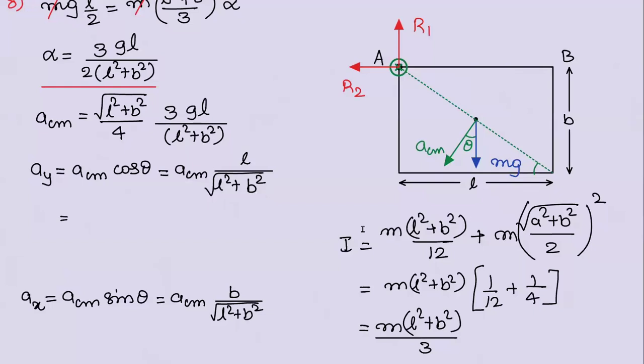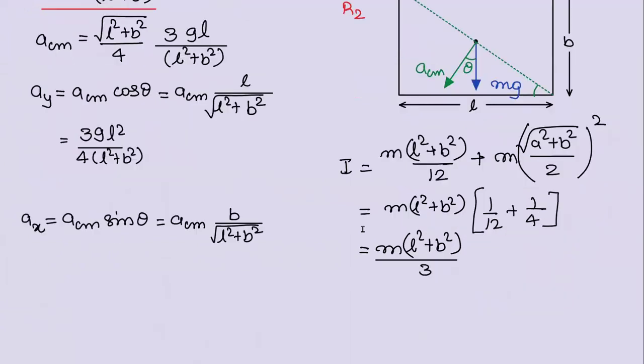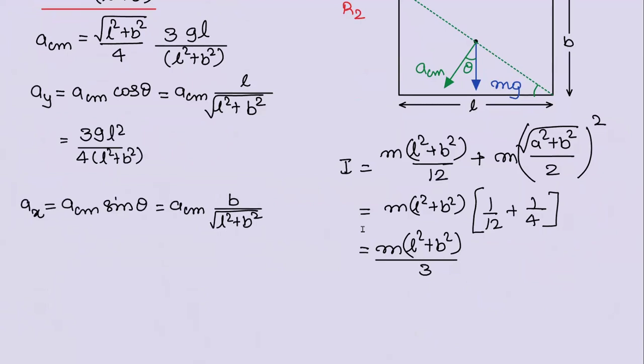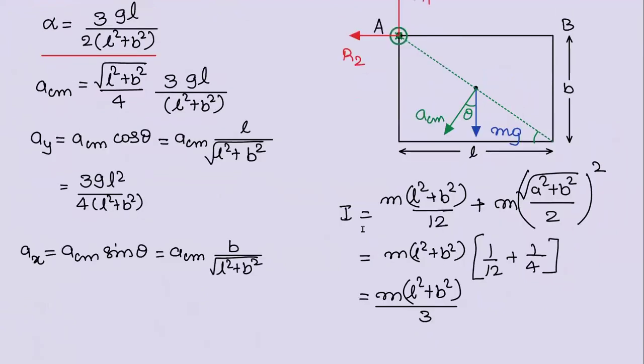So you will end up at 3G L square by 4 into L square plus B square. This is AY.